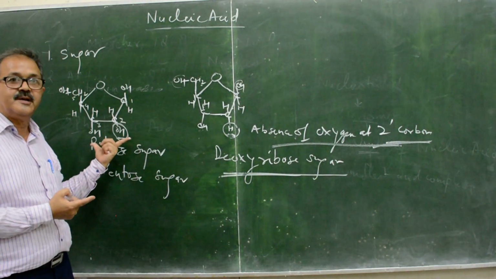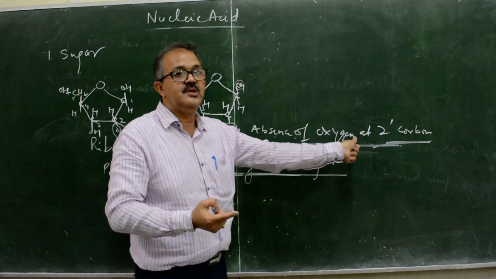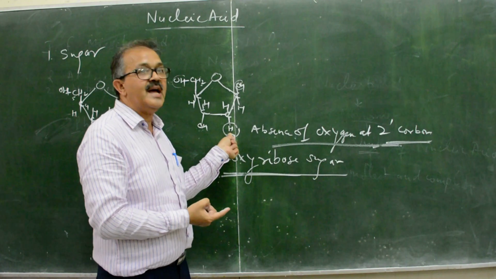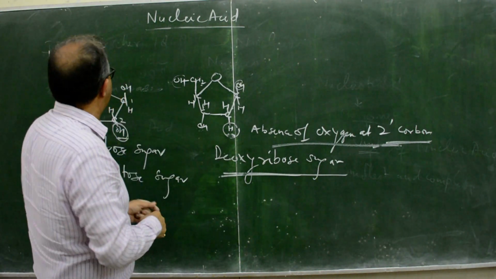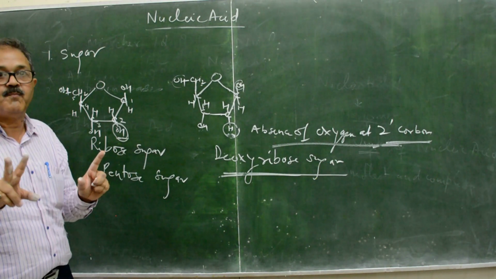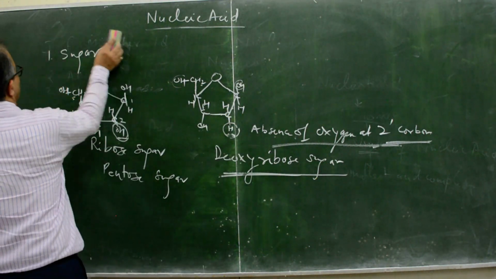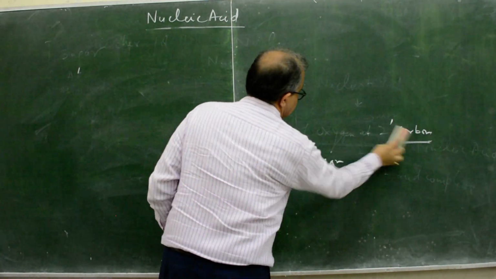Ribose sugar is a complete sugar, and if the oxygen at the second carbon position is absent, it is known as deoxyribose sugar. So you should remember that the sugar is of two types: ribose sugar and deoxyribose sugar.